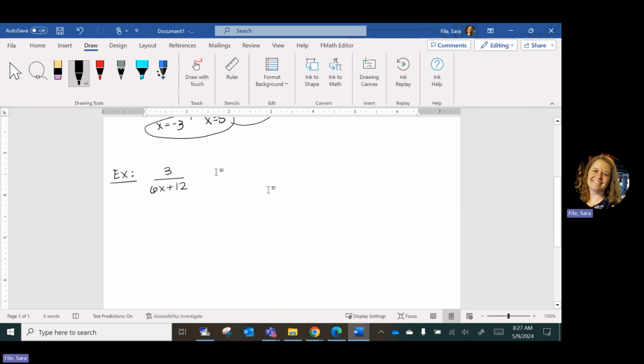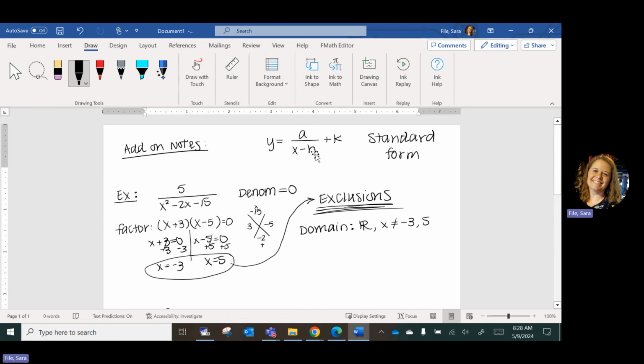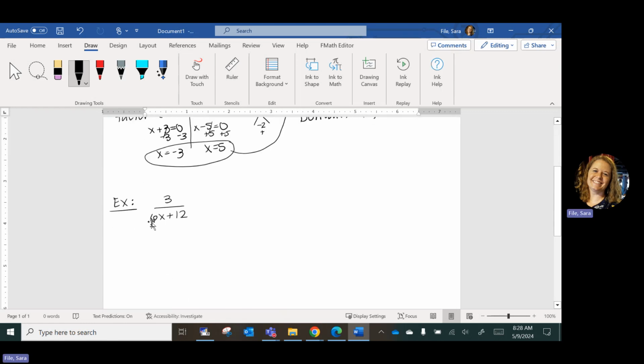So this is still just a linear function in the denominator, but right now I cannot identify a and h accurately. If you tried to tell me a is 3 and h is -12, that's wrong, because it's not in this format with just x. There's something in front of x. I have to get rid of that something. That's 6 in this case.